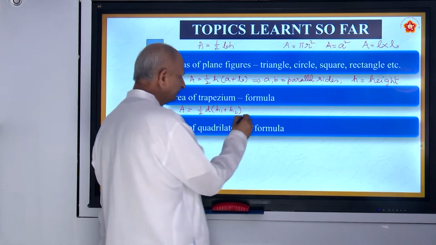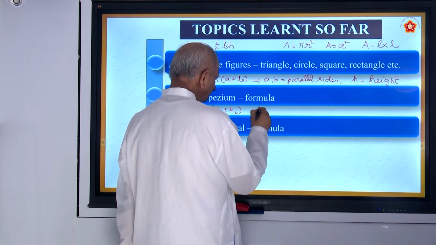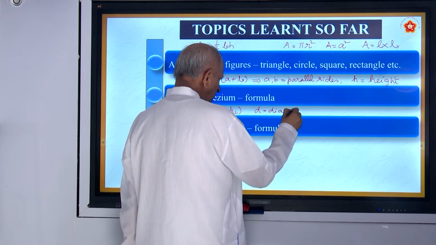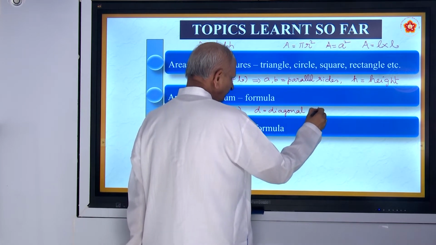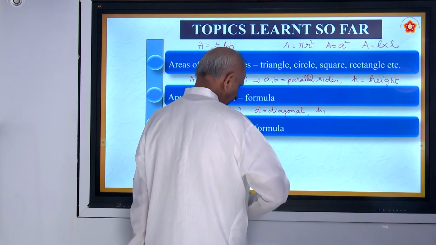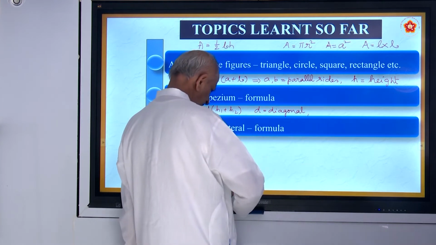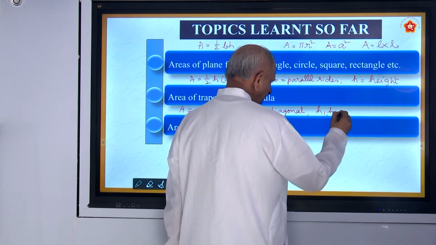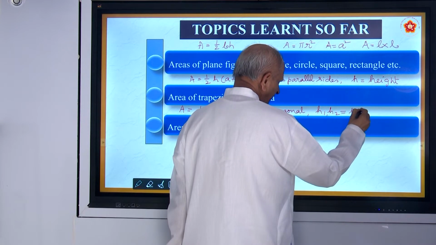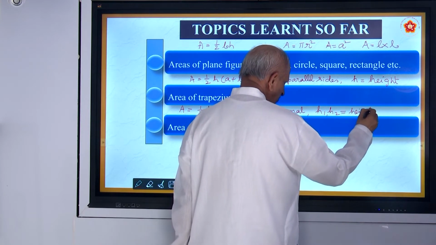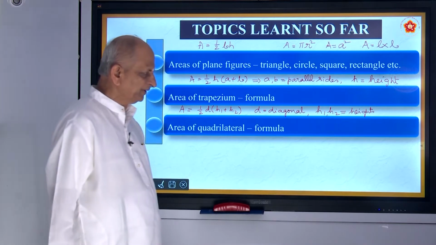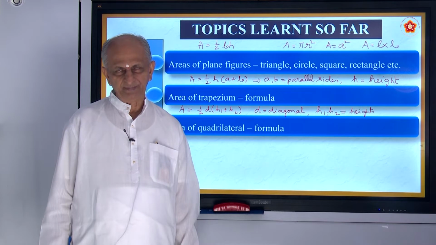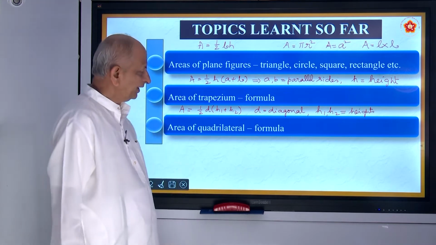What is d? d stands for the length of the diagonal. And h1, h2 are the heights, or altitudes, drawn from the opposite vertices. These are some of the things we have seen in the previous classes, correct?